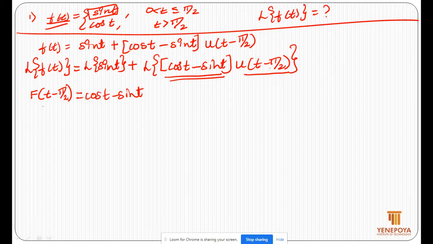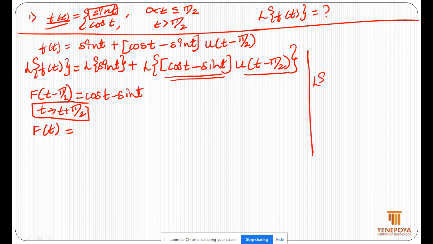Replace t by t plus pi by 2, so you will get f of t. I want f of t, so I am replacing every t by t plus pi by 2. Pi by 2 and minus pi by 2 cancel, and you will get f of t. We know the formula, the Laplace transform of f of t minus a into u of t minus a is, by the second property, e power minus as f bar of s.